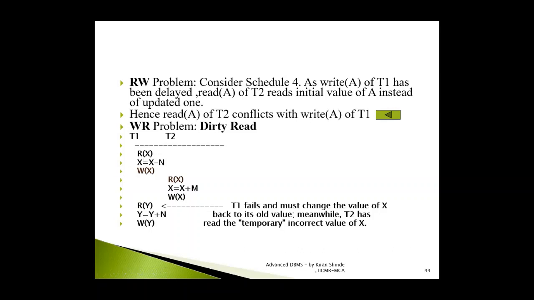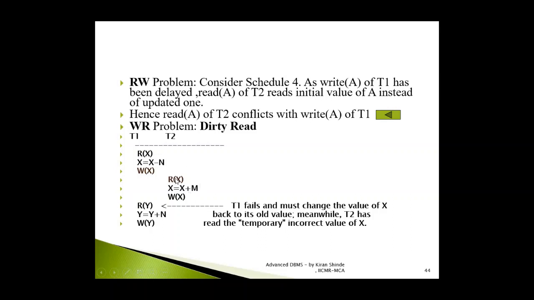Okay. But in between, meanwhile, T2 has read the temporary incorrect value of X. Why? Because when T2 tried to read the value of data item X, T1 had modified it, and T2 has read that modified value. Because of this, whatever value T2 has read does not exist in the database at all, because T1 will be rolled back since it has failed.